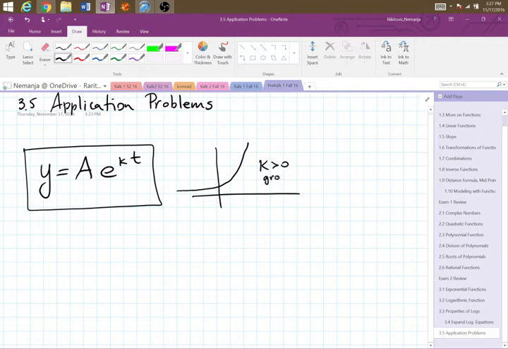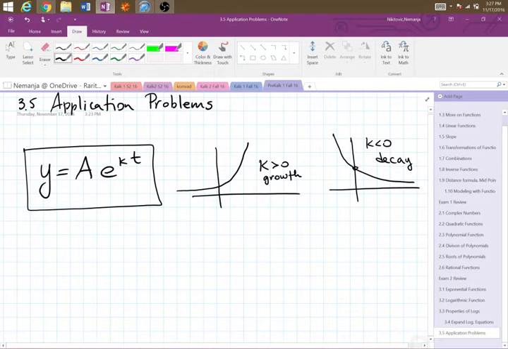We call it growth. And then we have a graph that looks like this, where k is less than 0, and we call that decay. The y-intercept is this a that we have in the equation, and the x-axis is actually the t-axis because everything is in terms of time. So that will be independent, right? And you have your y-axis, which is the output.